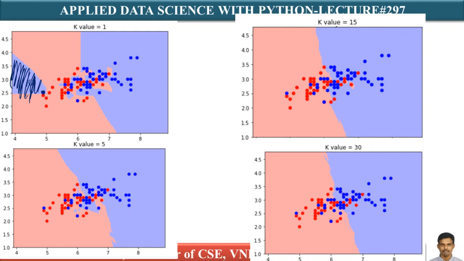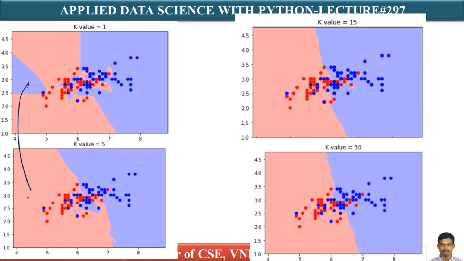But as k increases, for k equal to 5, you cannot find this particular blue region. Here you have a blue region, but here you don't have any blue region. Why? Because k equal to 5 means you are considering 5 nearest neighbors here. As the k value increases, this blue region becomes a red region.